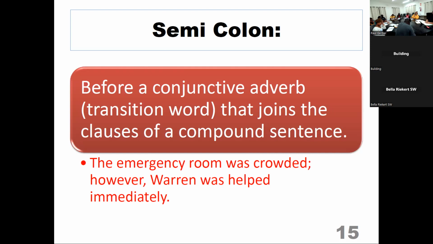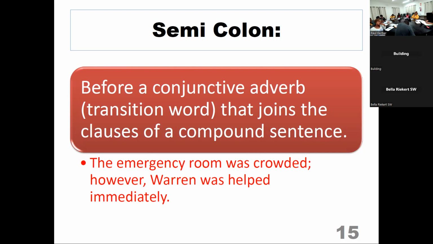You see the first part of it can stand on its own. The emergency room was crowded can stand on its own. You can put a full stop there and you can start the sentence, however, Warren was helped immediately. But instead of starting a new sentence, they just put a semicolon in there and said, however, Warren was helped immediately.